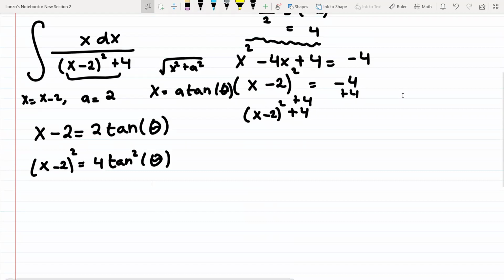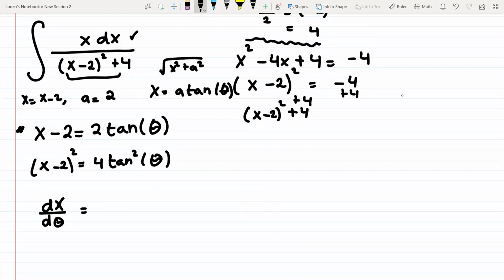Then what else do we need? Do you see this dx? We have to find dx. If you go back to here, the derivative of x with respect to theta would be dx d theta. The derivative of -2 is 0.